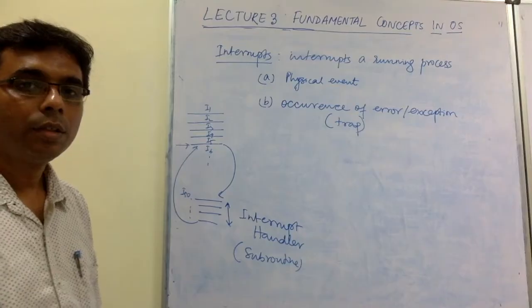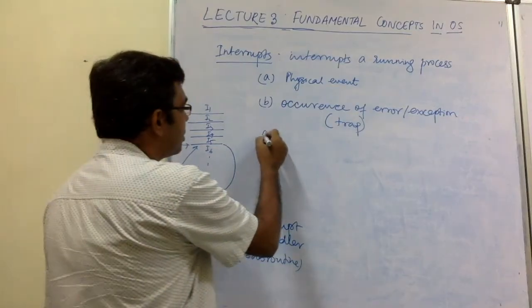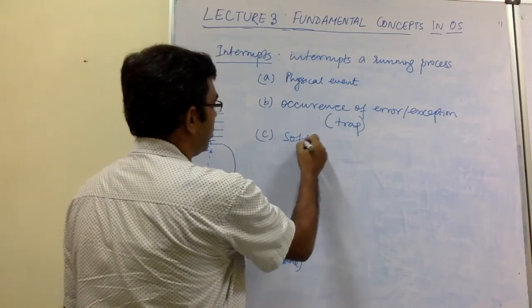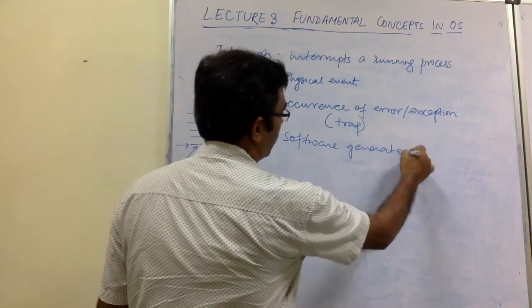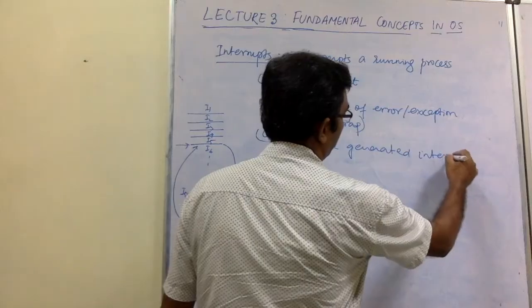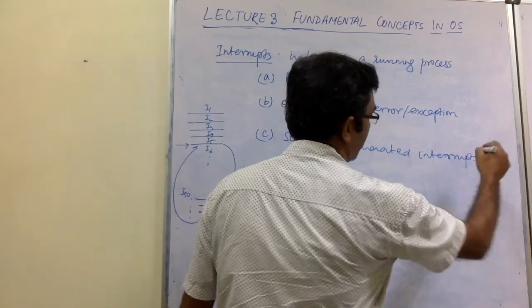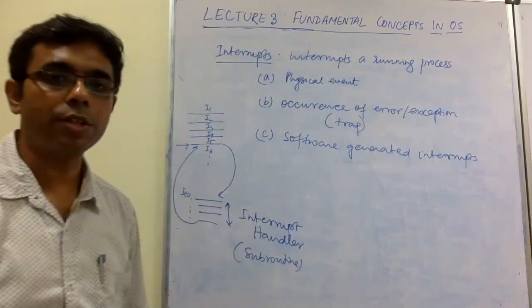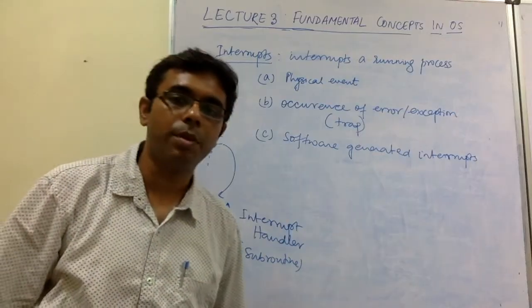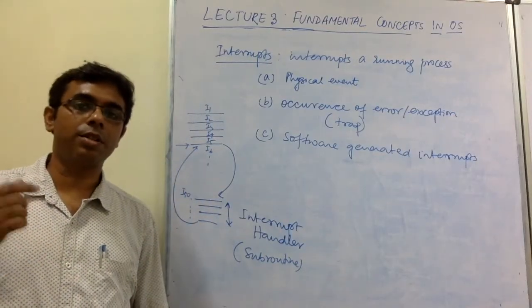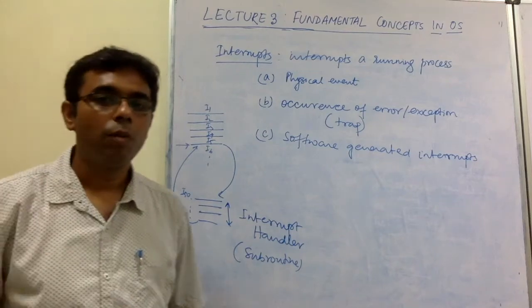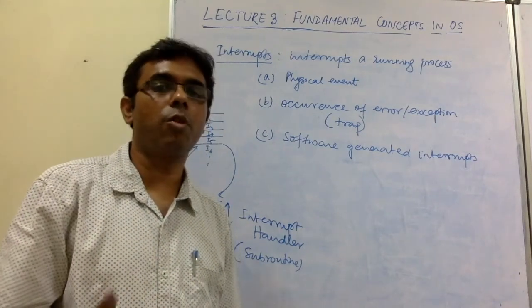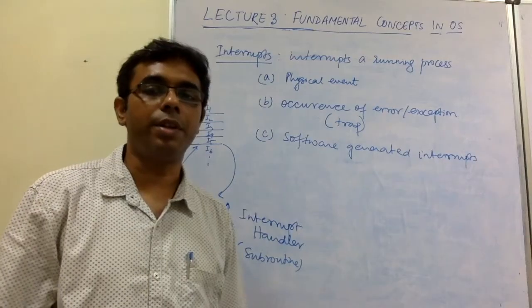And the third is software generated interrupts, where you are forced to jump to some other range of locations. The CPU starts executing something when a certain instruction arrives. Pretty similar to what we have been discussing so far. System calls are a kind of software generated interrupt.